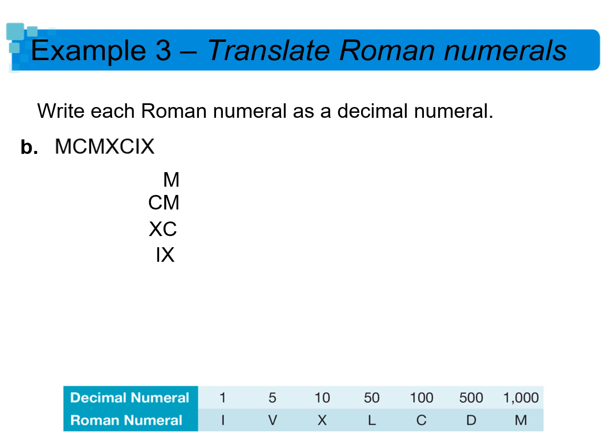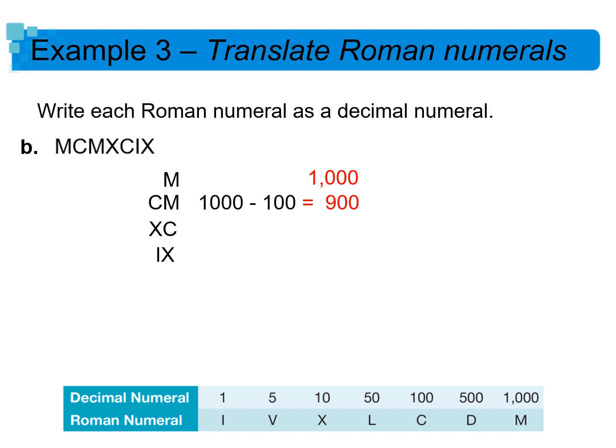So now let's take a look at that. M is 1,000, so that one's pretty straightforward. Now CM is going to be 1,000 minus 100, which would be 900.